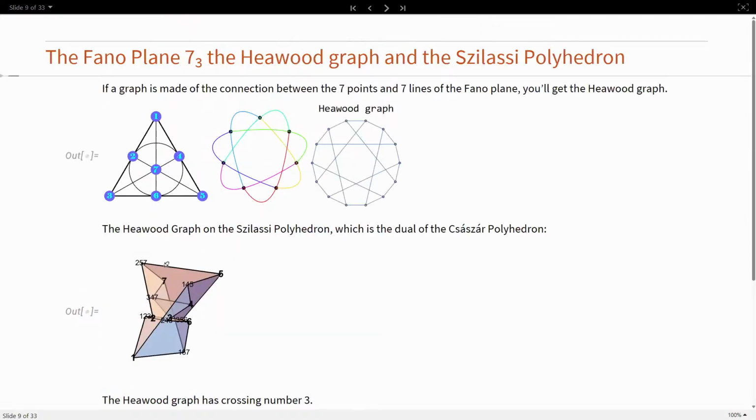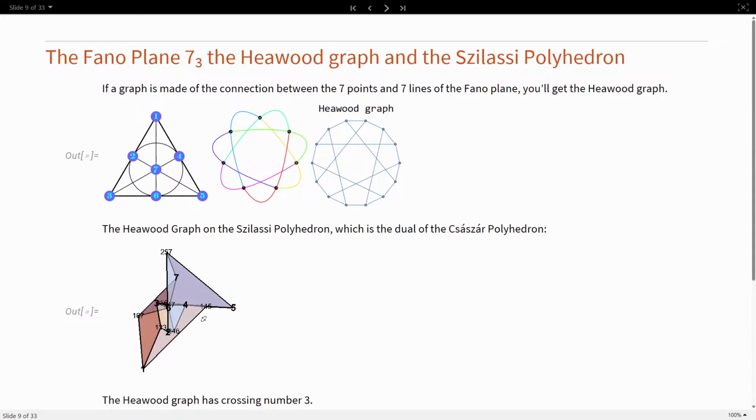If we take the dual of the Császár polyhedron, we get the Szilassi polyhedron, which is shown here, and that's related to both the Fano plane and the Heawood graph. A Fano plane has 7 points and 7 lines.